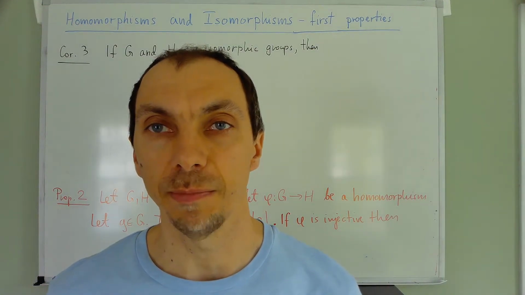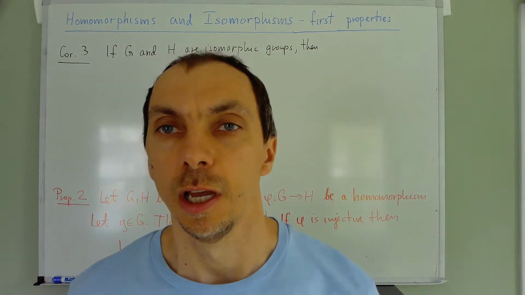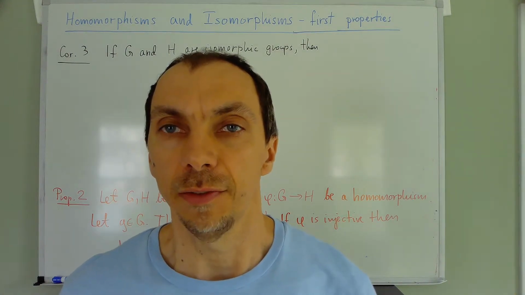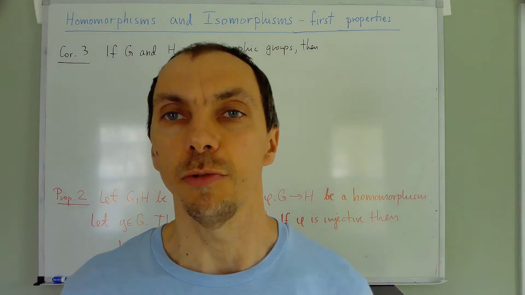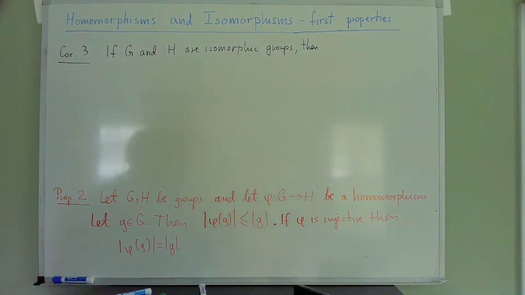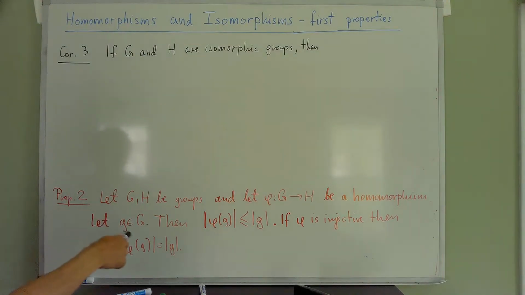So let us now reap some benefits of this proposition 2. Remember at the beginning I asked the question, if you have two groups and they have the same number of elements, is there any way to say that they are not isomorphic? So here's a corollary to this proposition.